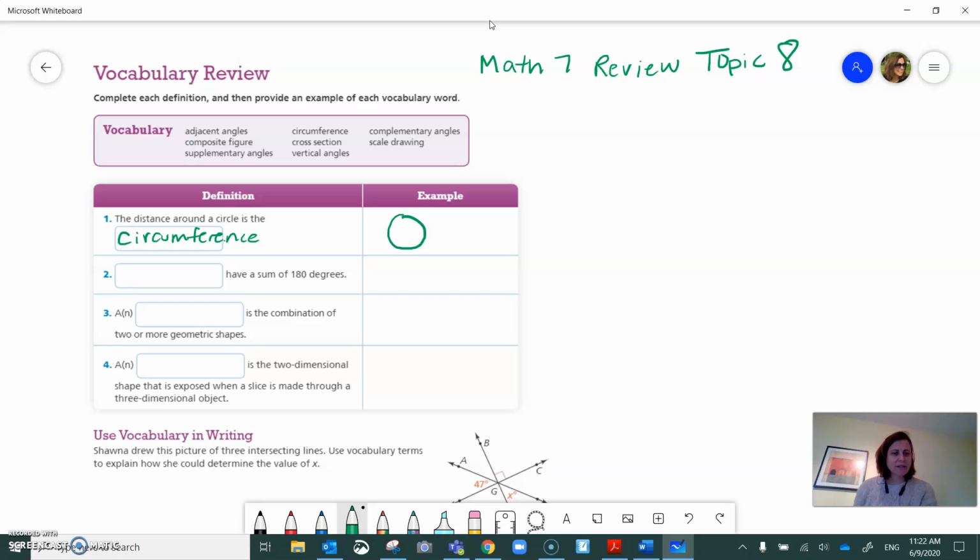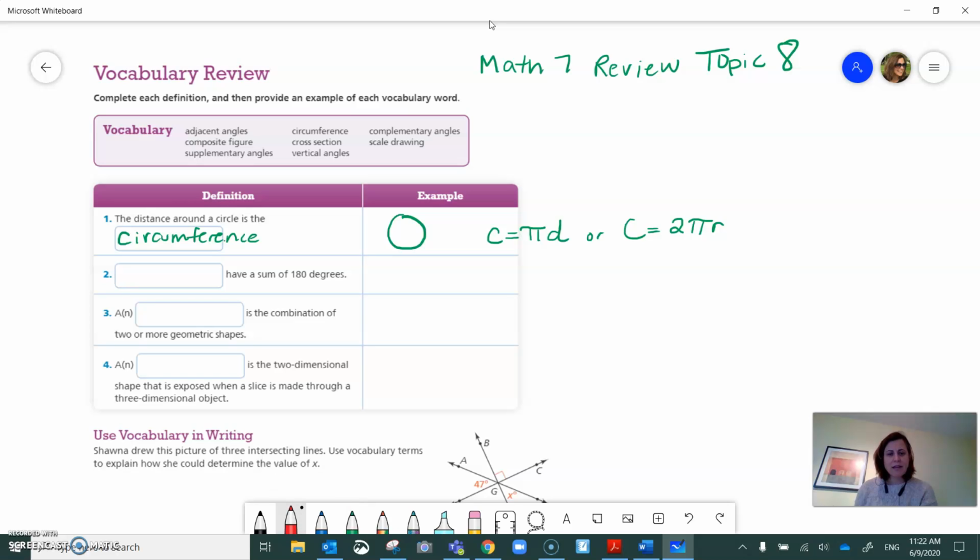The formula for circumference is the diameter times pi, or 2 times the radius, which by the way is also the diameter, times pi. Either way you want to look at it.